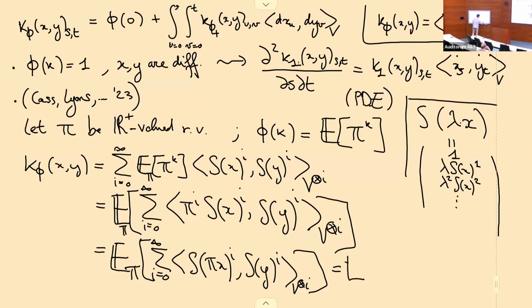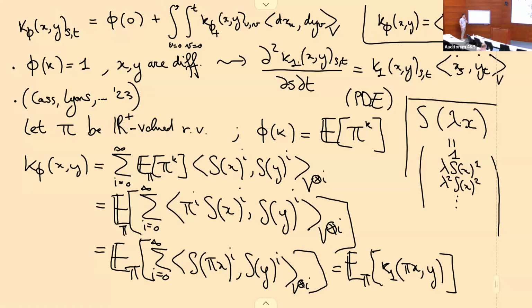So what you end up doing is taking an expectation of a rescaled version of K1, the one that solves the PDE, K1 of the rescaled path x, y.